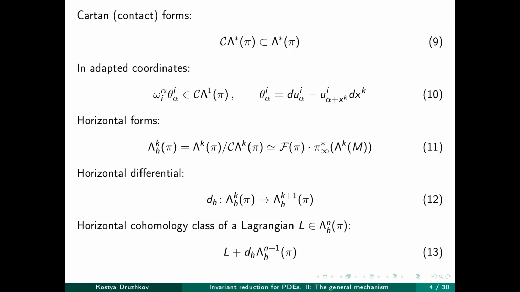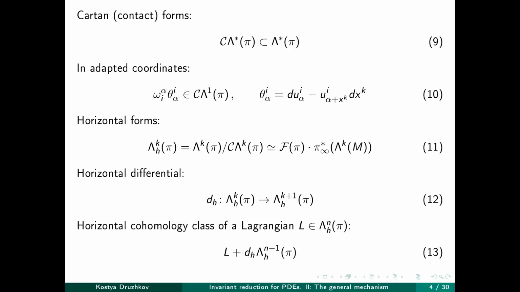This identification is possible because we have this bundle structure on the infinite jets. Instead of equivalence classes of horizontal forms, we can consider their representatives. Each element from here represents a horizontal form, and each horizontal form is represented by a unique element of this module. So we can identify horizontal forms with their representatives.